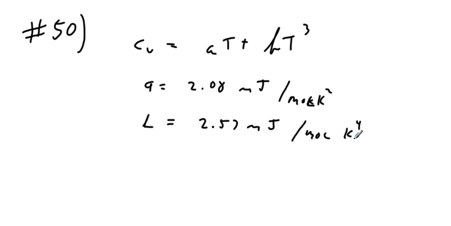Determine by integration the entropy change of 0.15 moles of potassium when the temperature is lowered from 3.0 K down to 1 K. Okay, well, we've got the problem written down.